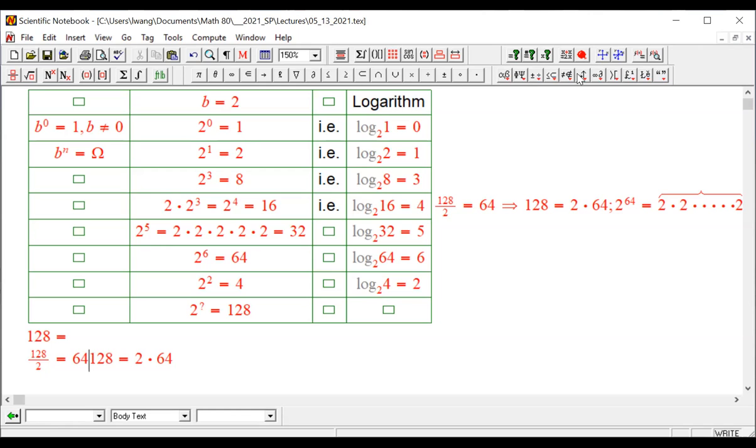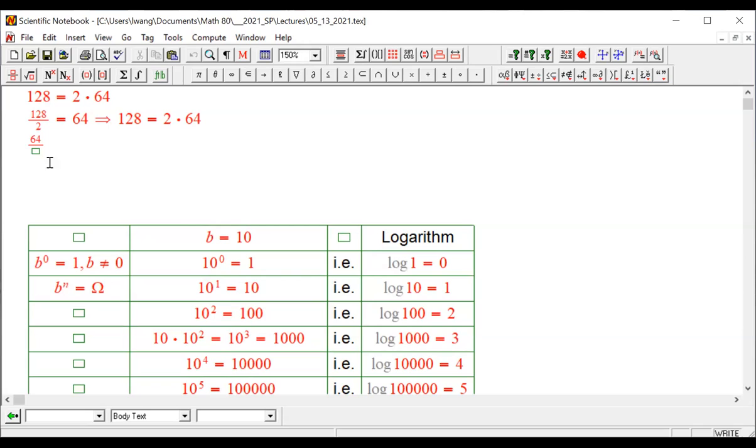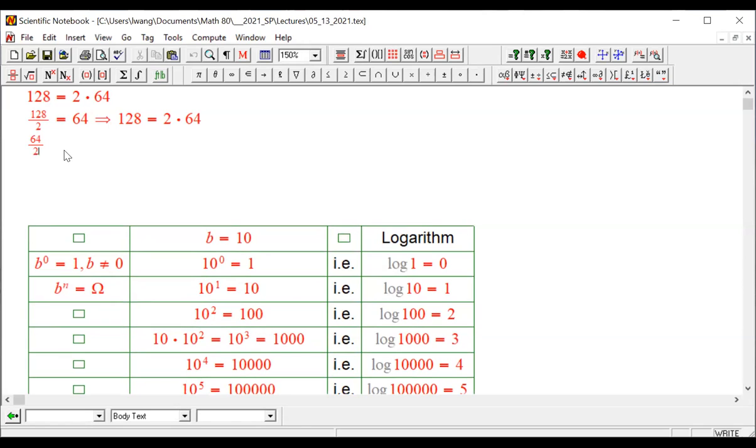If you continue this process, you take 64 and divide by 2, and you're going to get 32, right?